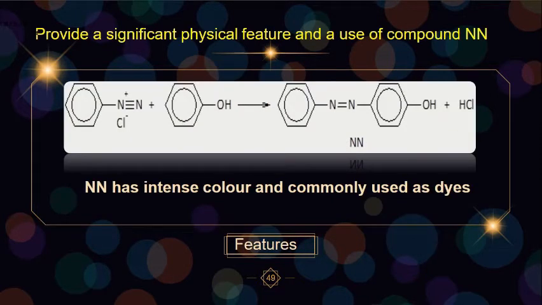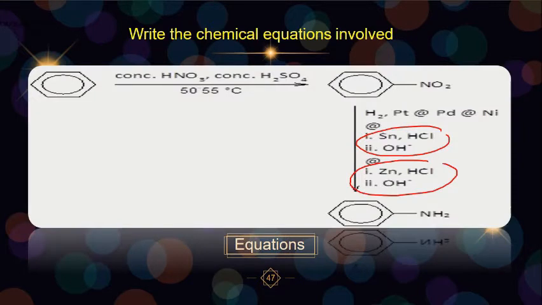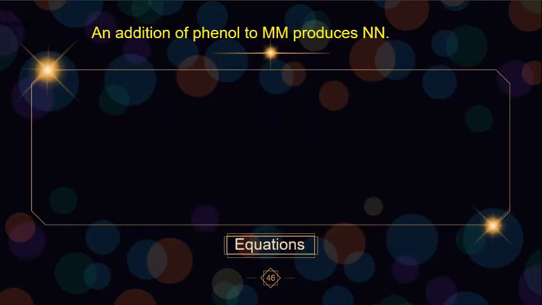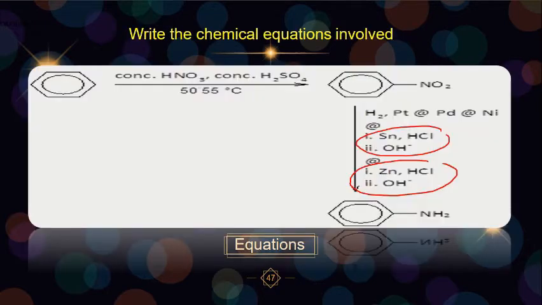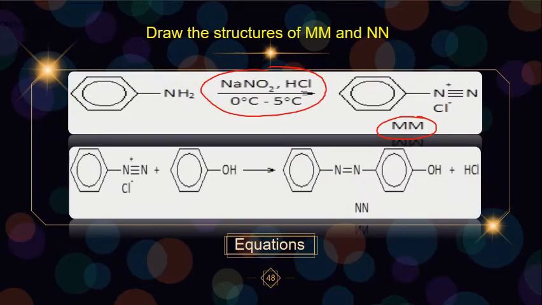Okay, the next question asks you is an addition of phenol to MM produce NN. Okay, for this case, you ambil NN, ini adalah application. Ini adalah diazonium salt because it's a very unstable species. So you campur dengan phenol, what you can get actually dia berada pada para position.